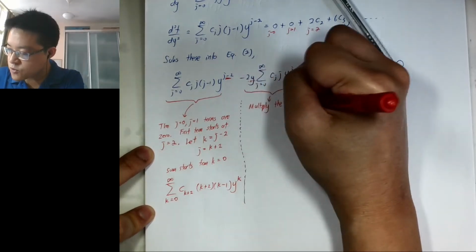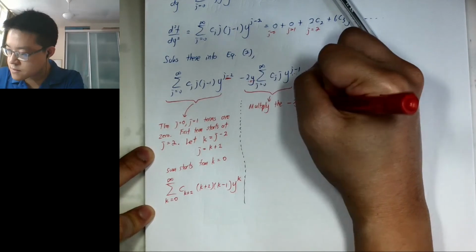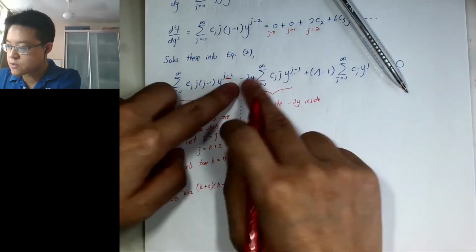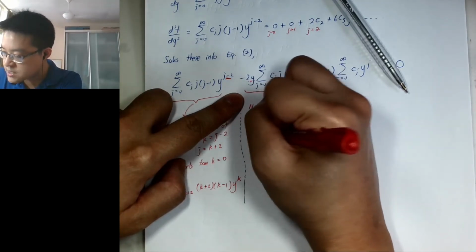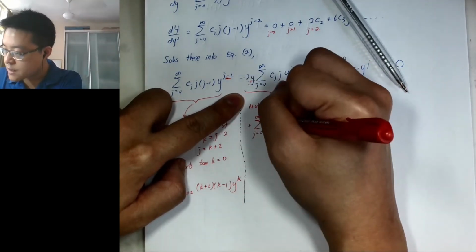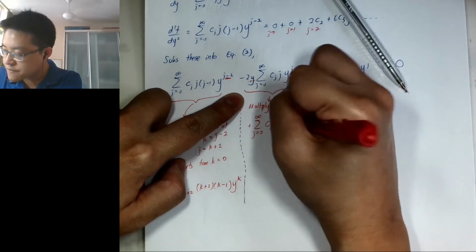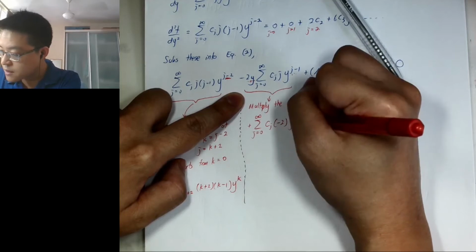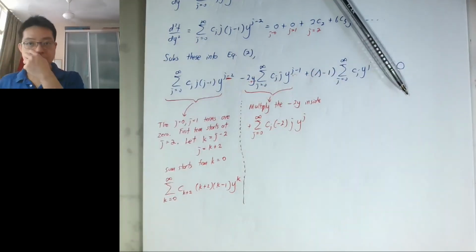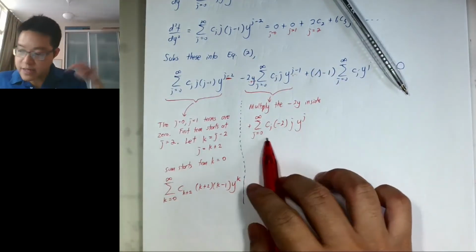So the term becomes the sum from j equals 0 to infinity, c_j, the negative 2 goes inside, and then y times this y is y to the power j. Okay, so everything is correct.